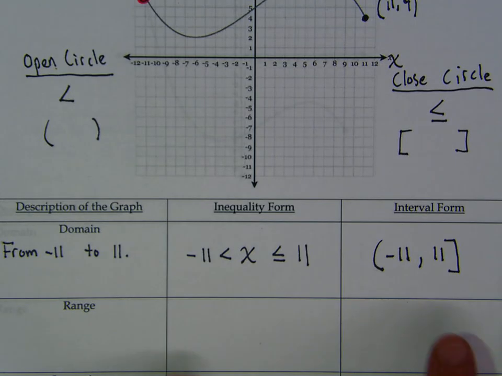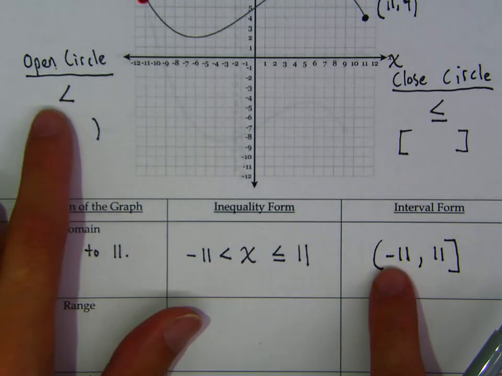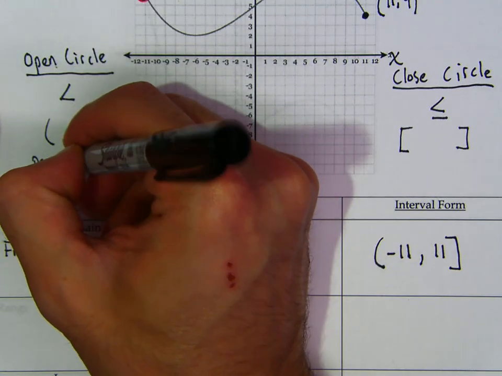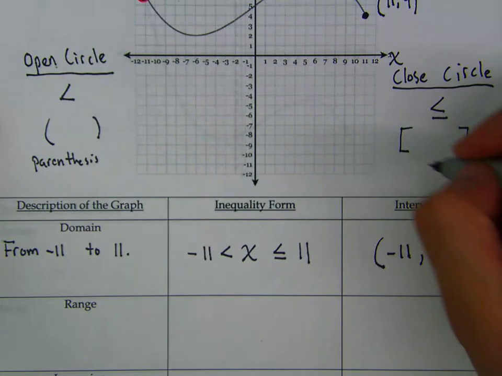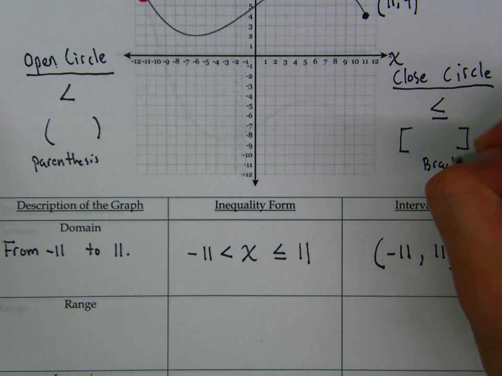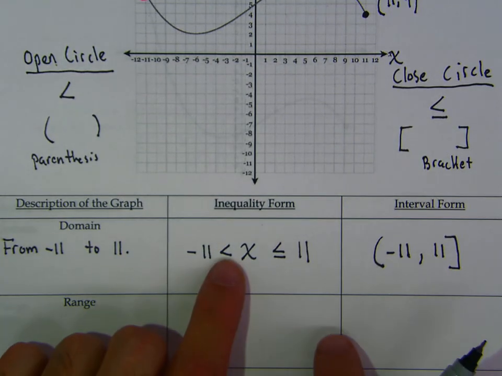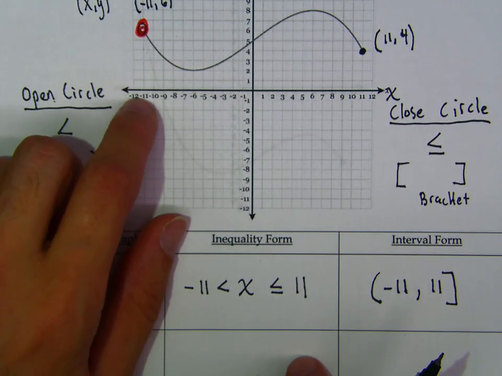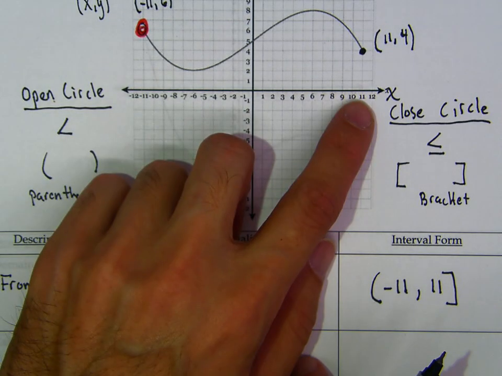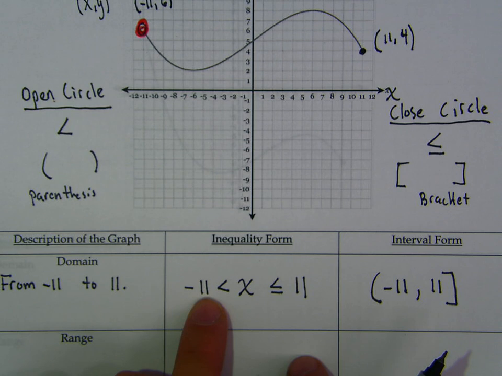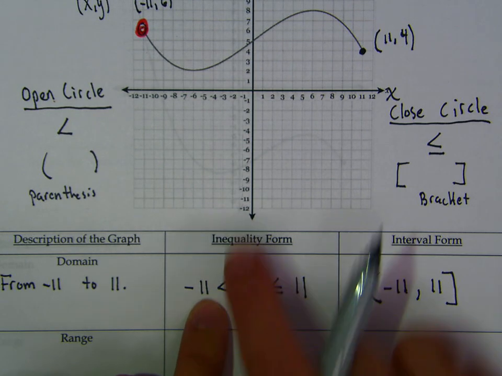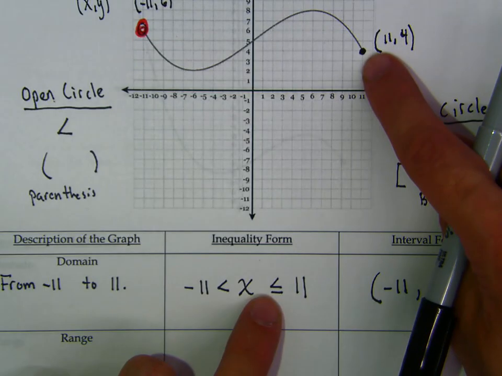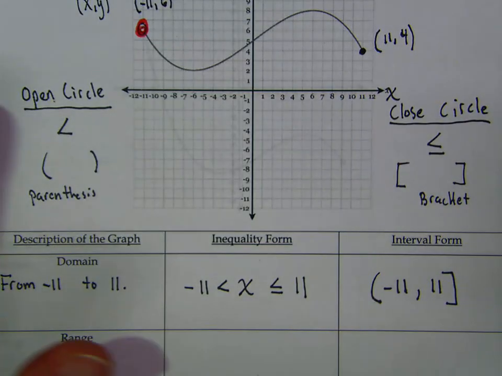I'll write the words over here: parentheses, and this is bracket. What this is saying is you have every number between negative 11 and 11, but you don't have negative 11. You don't have this number, but you have every other number in between. But you do have 11 because the circle is closed. Okay? And that is domain.